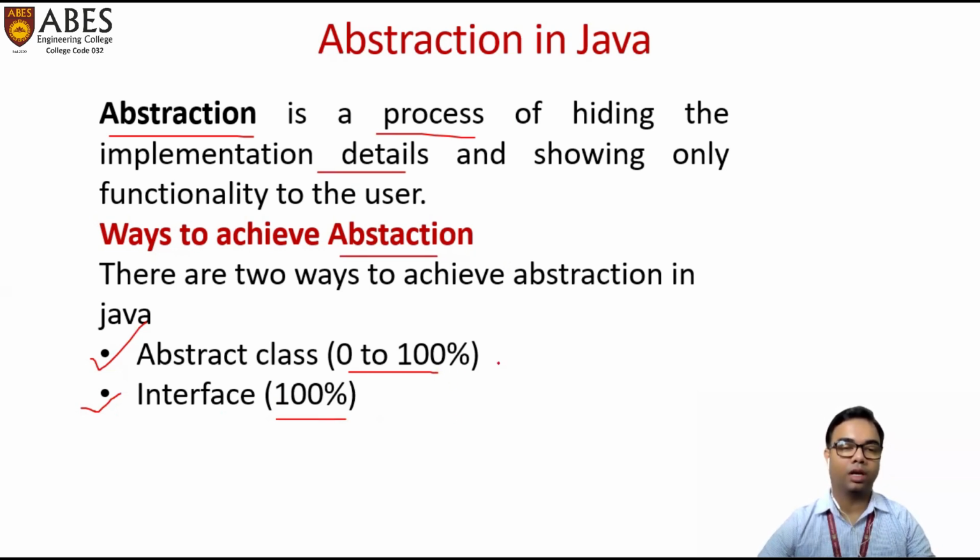Because in an abstract class, we can have both types of methods, abstract and non-abstract. But in an interface, we can have only abstract methods. This definition also changes in higher versions of JDK. We will cover this in the next unit, where we will see what changes were made in the interface.